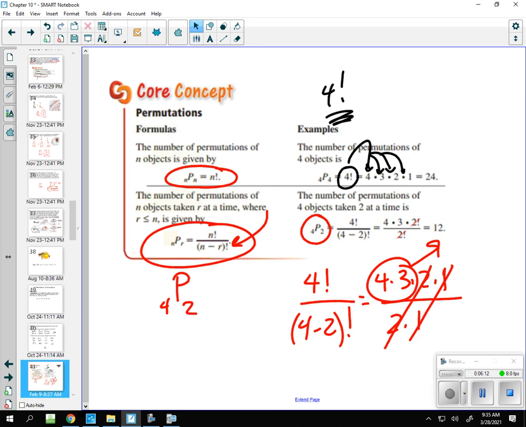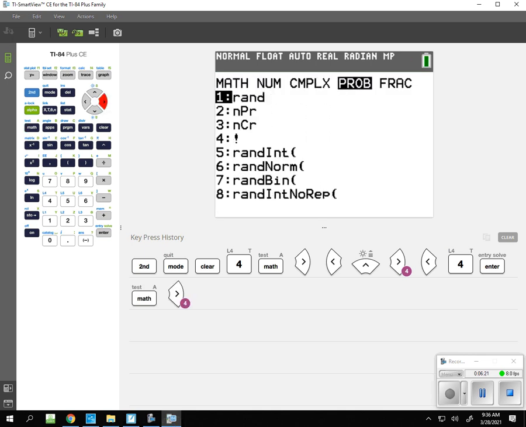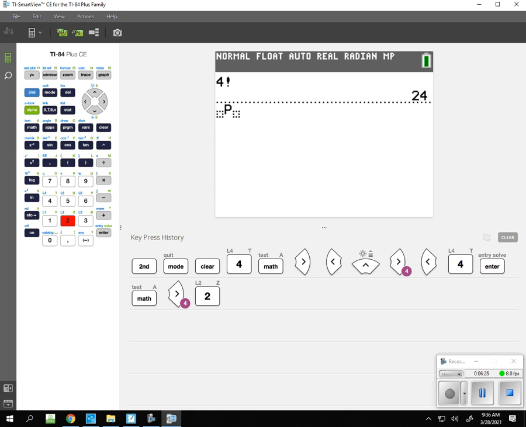So if I go to my calculator, I'm going to go to math, arrow over to probability. And notice you see nPr, so I'm going to hit number 2 there. And depending on how old or new your calculator is, you might have to hit the 4, then math. So 4, a permutation of 2, and you're going to get 12, which is what we already showed.